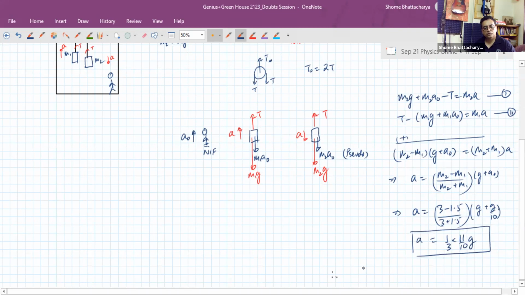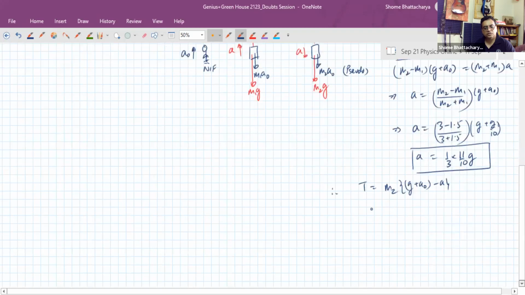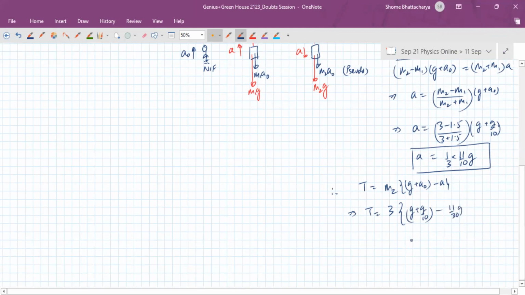So now the tension T, if you pick up equation 1, is M2 into (G plus A naught) minus M2A. So the tension is equal to 3 multiplied with, minus 11 by 3.